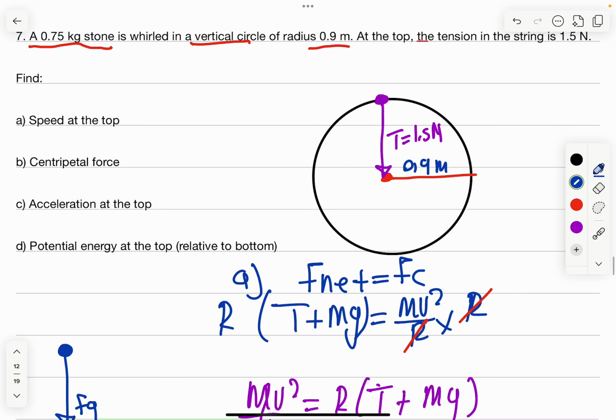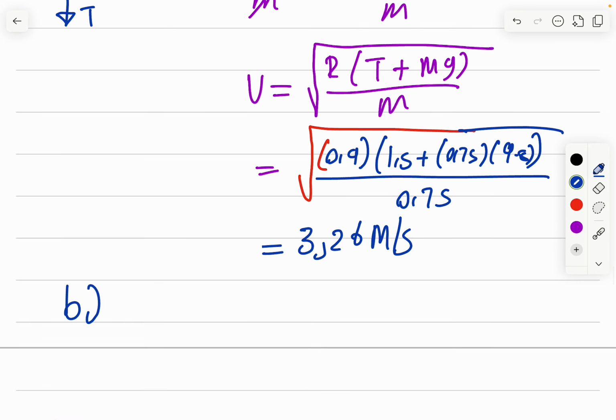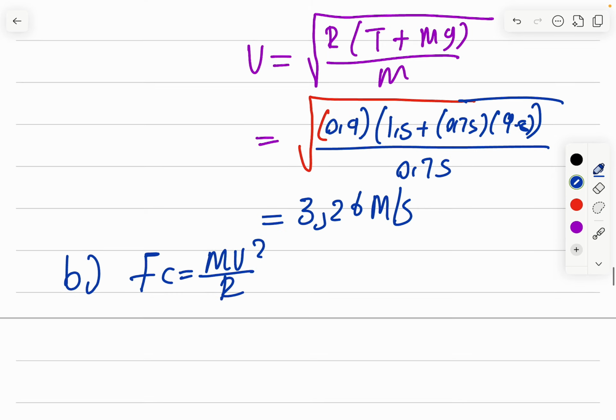So another question says calculate the centripetal force. Simple stuff. Say B, centripetal force equals mv squared divided by the radius. The mass is 0.75. The velocity is 3.26, which we calculated here, all squared.